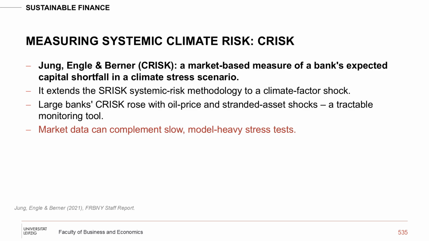Essentially, how much capital a bank would be short if a climate shock hit. It extends a well-established systemic risk methodology called CRISK, which was built after the global financial crisis by adding a climate factor shock, for instance, a sharp move in oil prices or a stranded asset event.